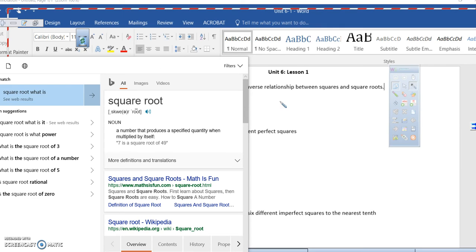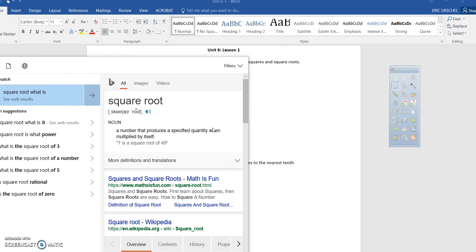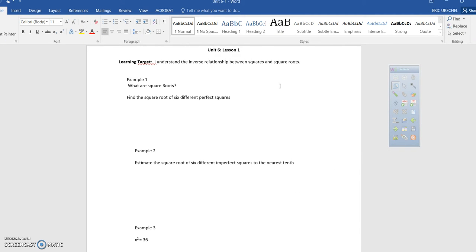So if you want to write that definition down, it's a number that produces a specified quantity when multiplied by itself. Can't type this morning.